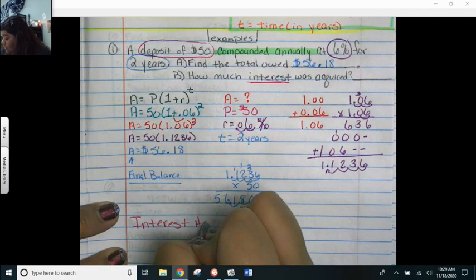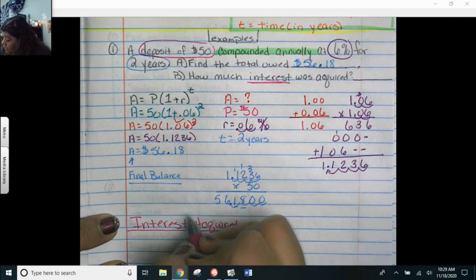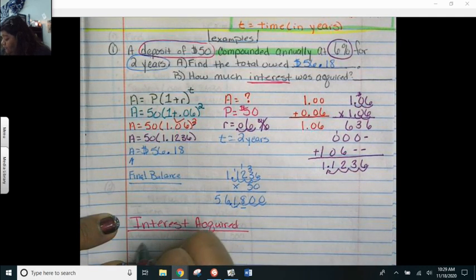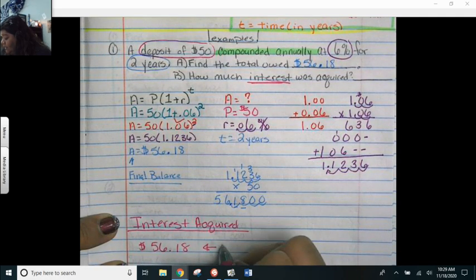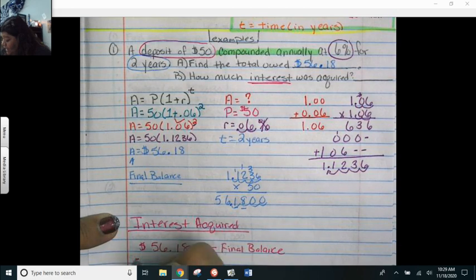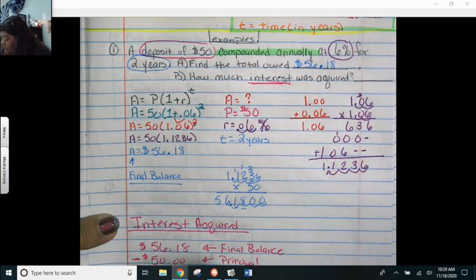Interest acquired. You would take your final balance, which is $56.18, so this is my final balance, and subtract my principal. Okay, so since my deposit was initially $50, that goes there.